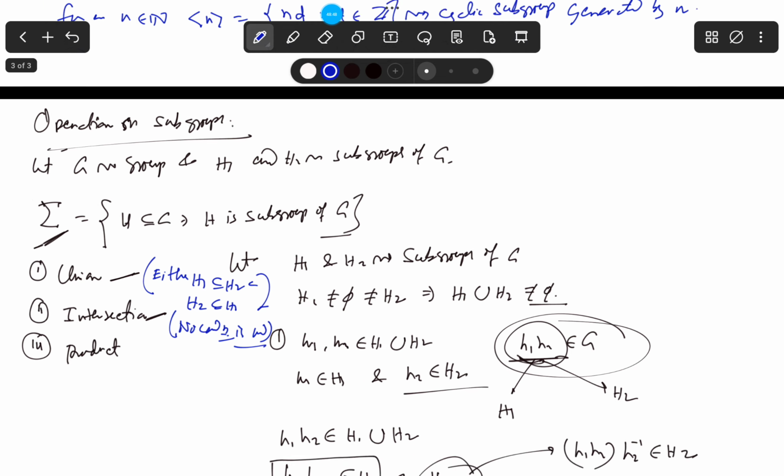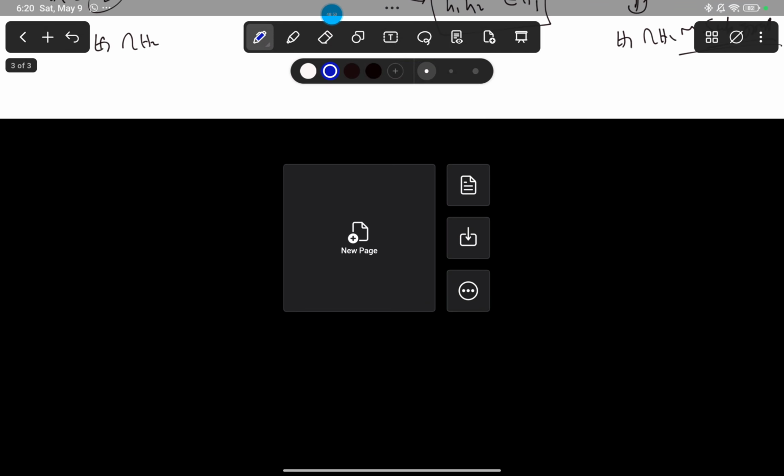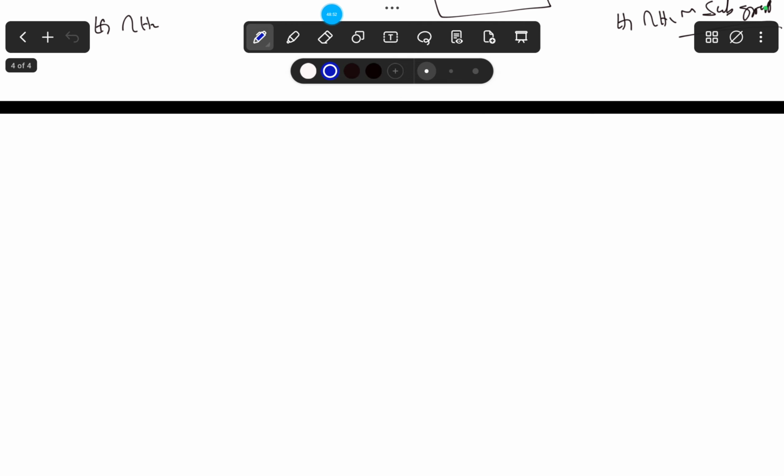Now what about the product? Before working with the product, let us define formally what the product of two subgroups is.